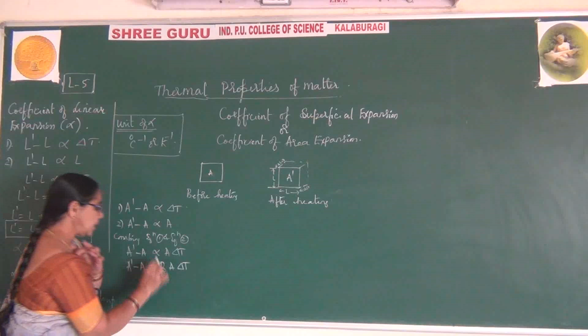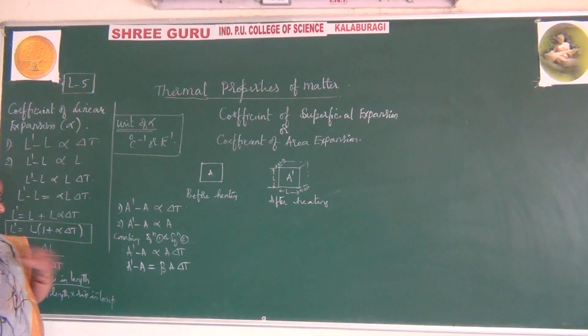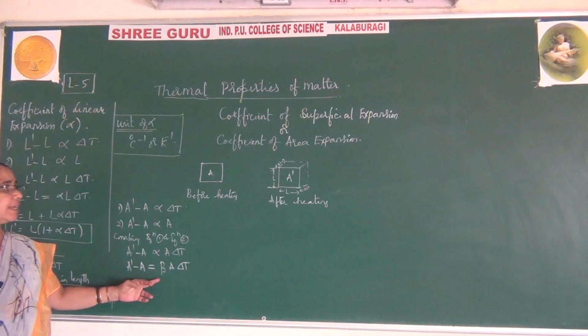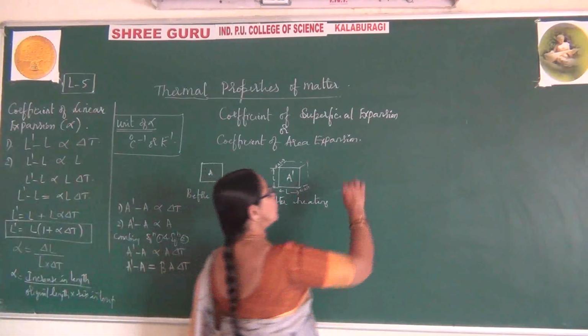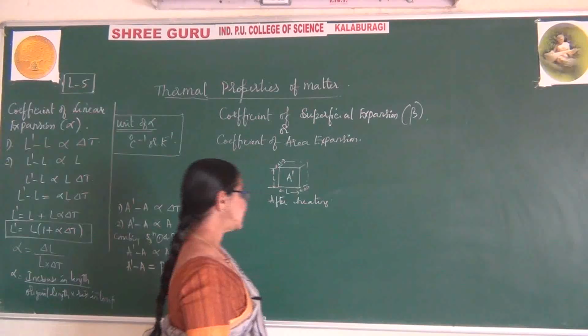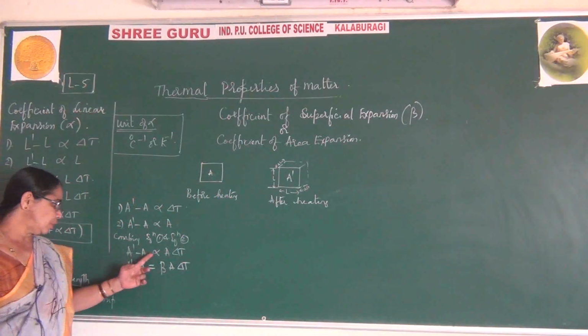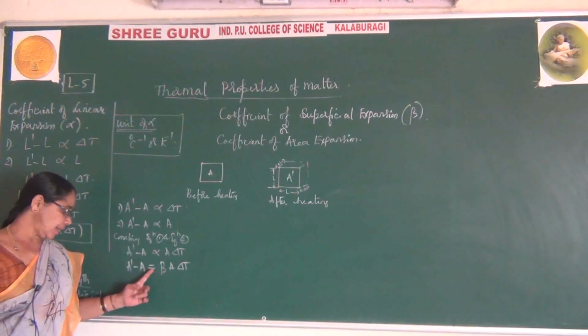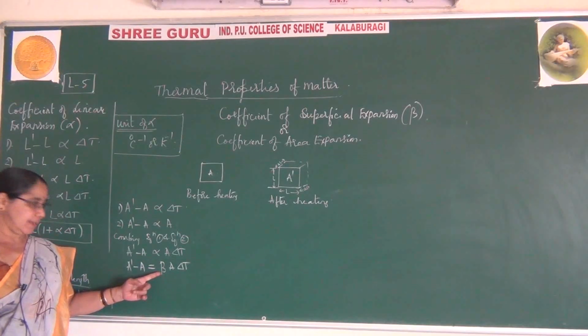It is called beta, the coefficient of superficial expansion. I have removed the proportionality, taken equal to and put a constant here.